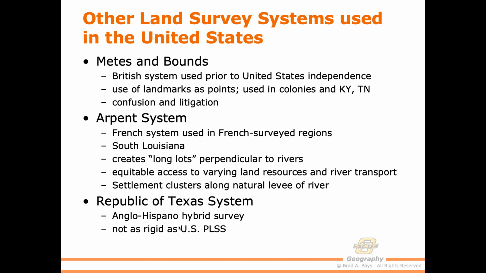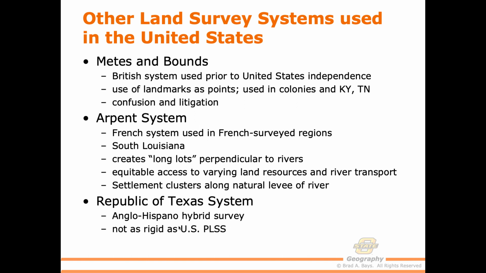The Republic of Texas system I mentioned earlier was based on some of the Spanish precedents within Texas, but it was a system that was created by Anglo-Texan settlers beginning in 1826 when Stephen F. Austin established the Austin Colony down in south central Texas.